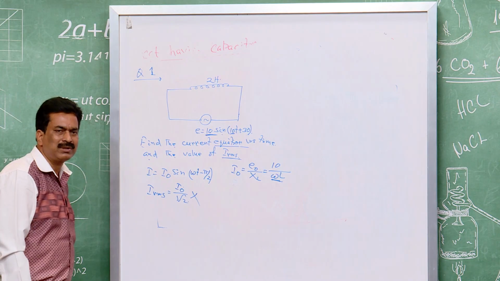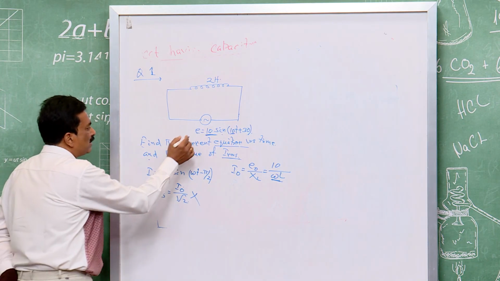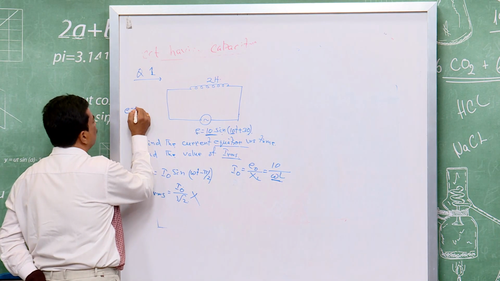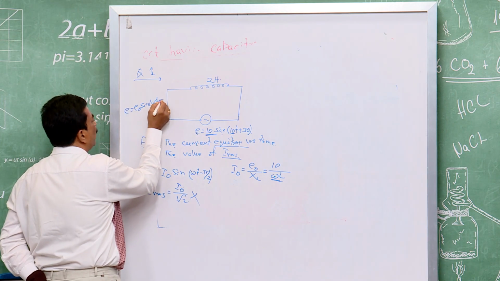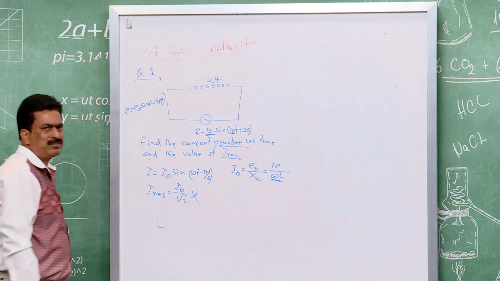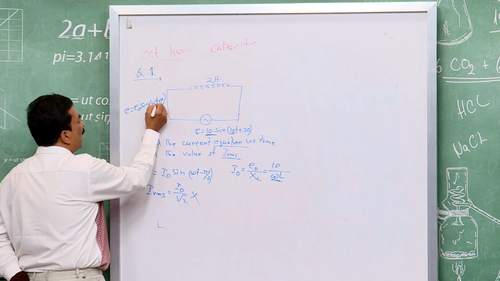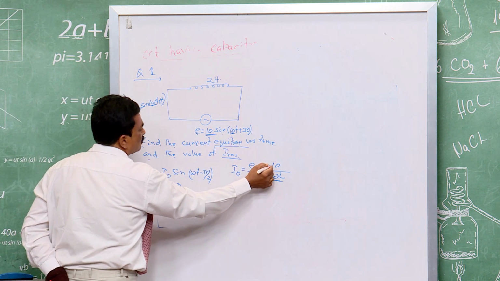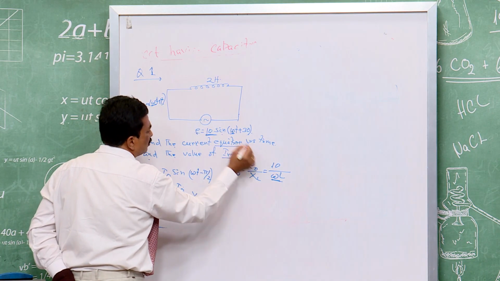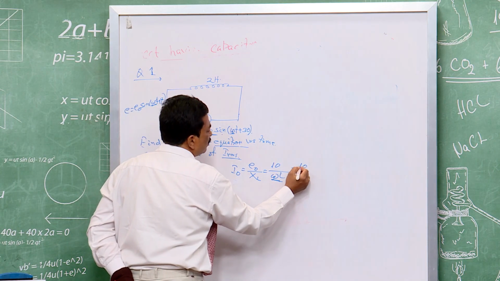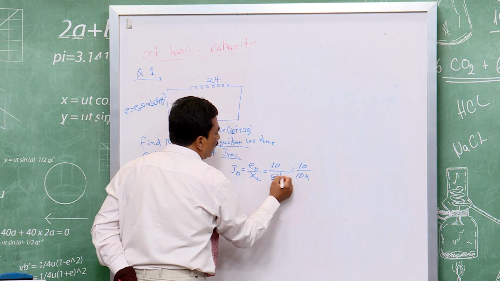Sir, how did you come to know that the frequency is equal to 10? Because if E is equal to E0 sin(omega t plus phi), in this form, the omega is equal to 10. So, E0 is 10, and omega is also 10. So, this is 10 by 10 into L.